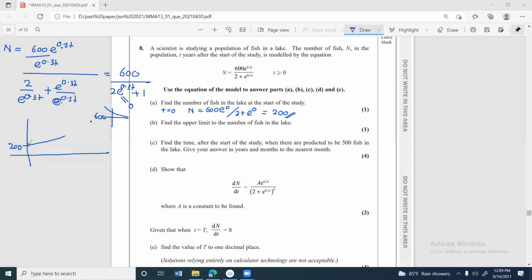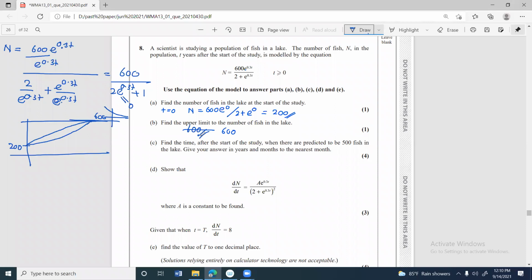So you can see a graph like this, and therefore it limits up to 600. You can see the maximum value comes to 600. That is a simple answer for this question. So I can write the answer as 600.